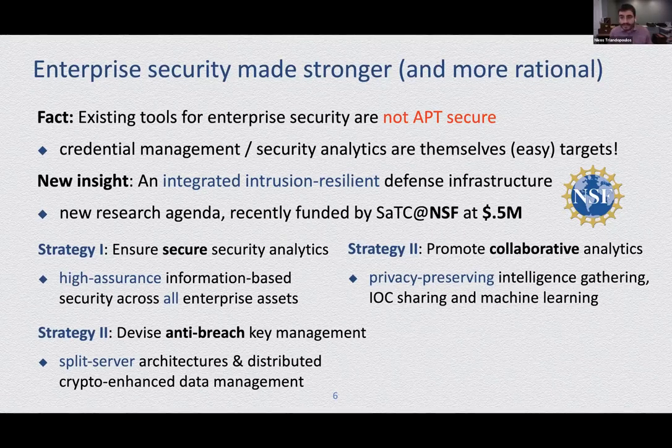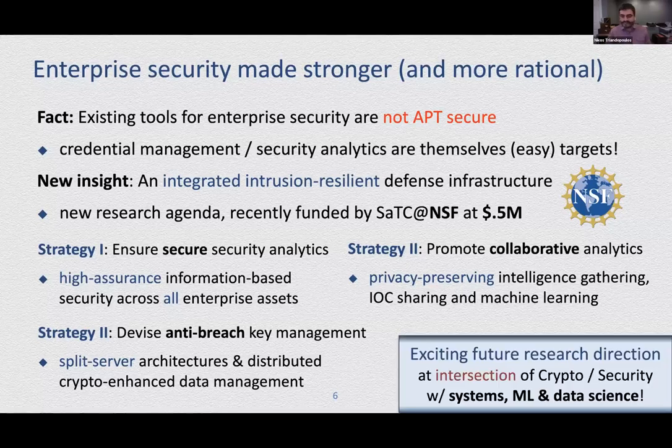The second has to do with collaborative analytics. It is just better, strictly better, for enterprises to share data and make this machine learning magic analysis on more reliable and more representative data, rather than doing it individually. And finally, let's do key management the right way, such that the techniques themselves are resilient to any service compromise or any partial information being stolen.